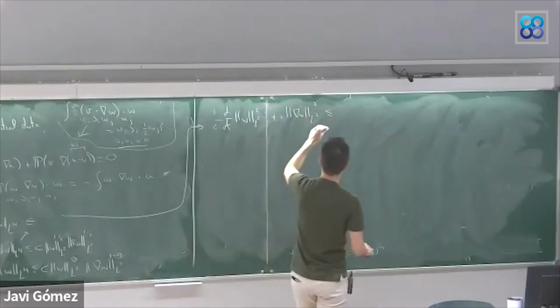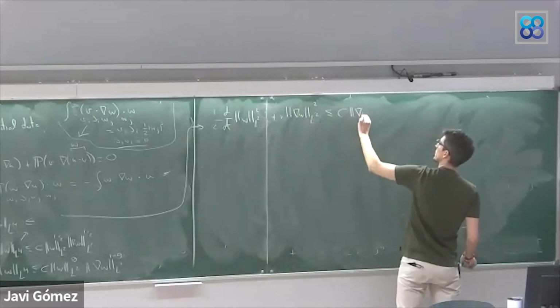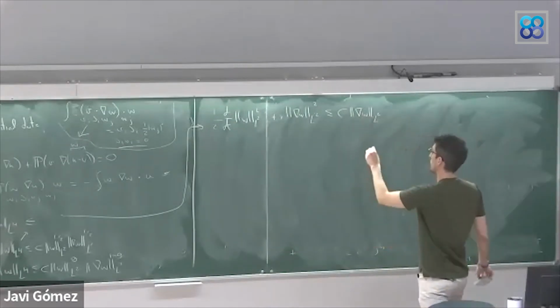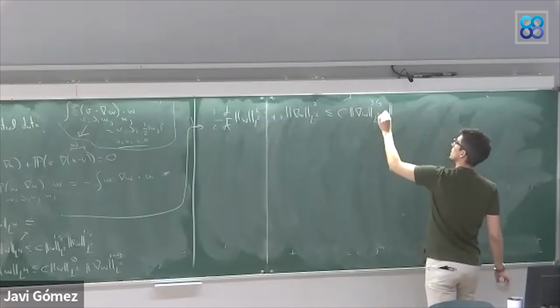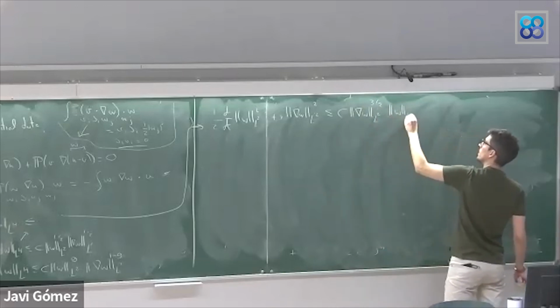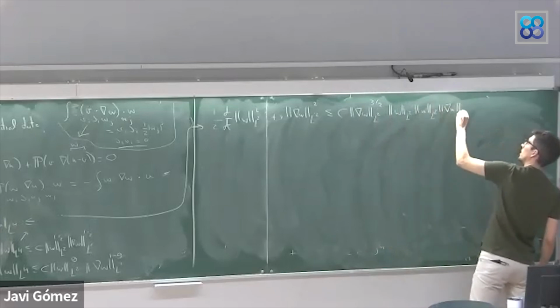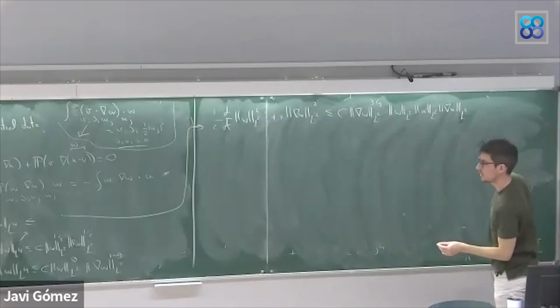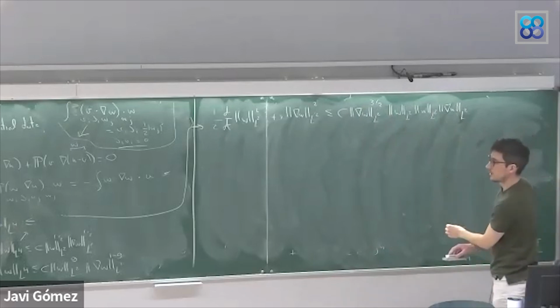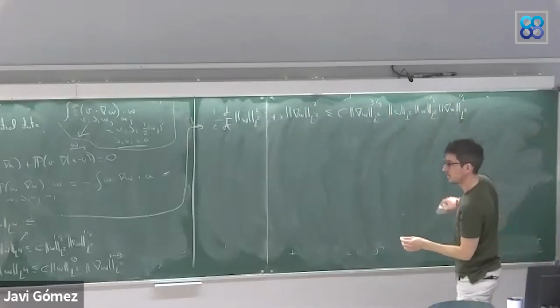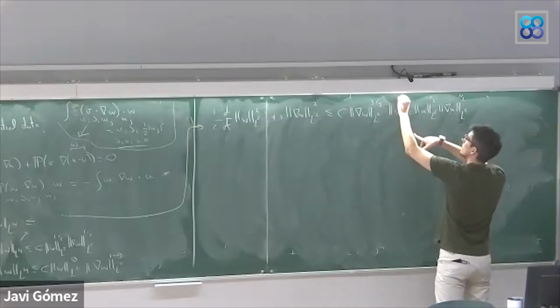Okay, so this is gradient omega L2 to the power 3/2. This is 1/2, 1/2, and also 1/2, no?